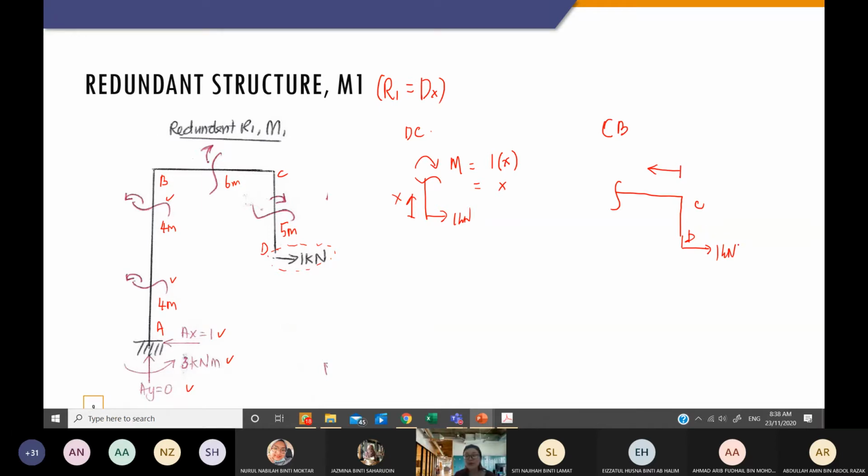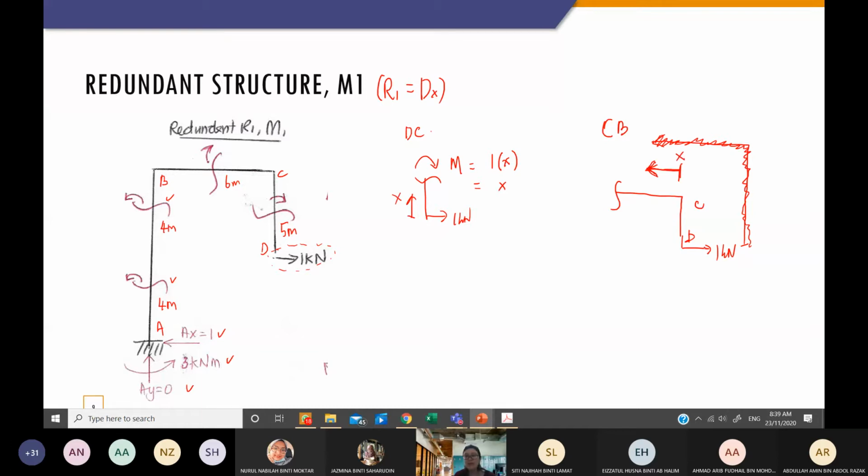I have found in your assignment previously that they consider the x in such a way, the distance, which is not the right way. So you just start your x parallel with the system.